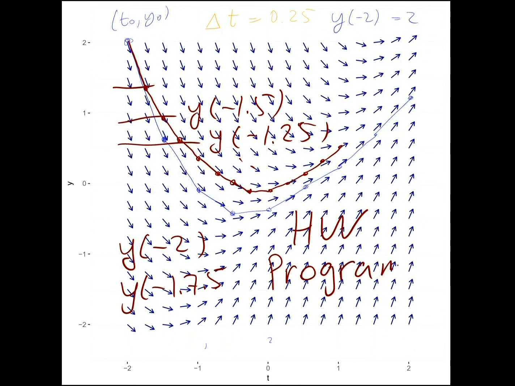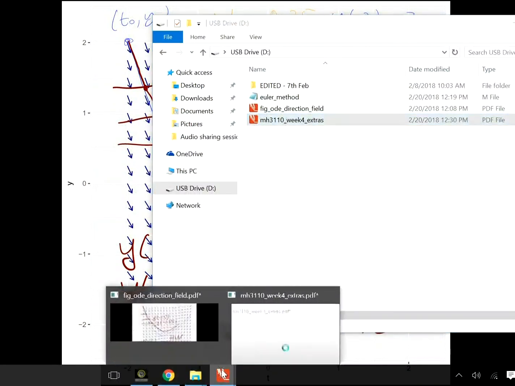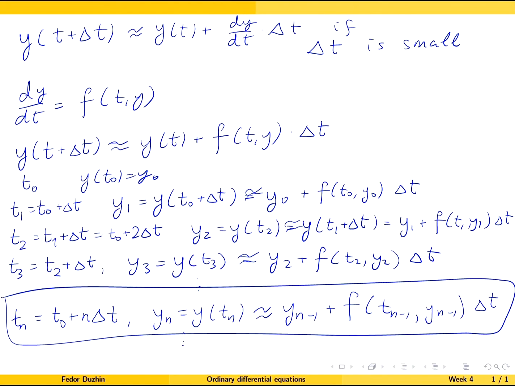In other words, you need to take this equation and translate it into a program in Matlab, and then you plot the solution, and you will see that if you take finer steps, then you get better approximations to the actual solution.